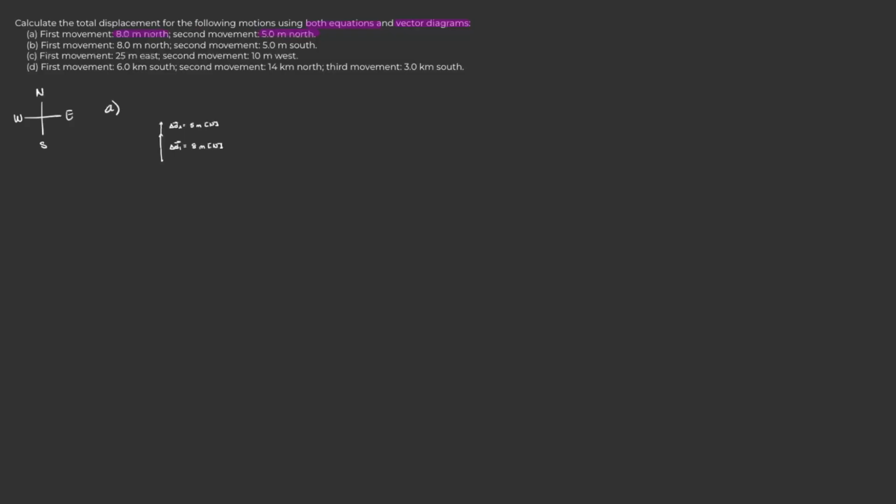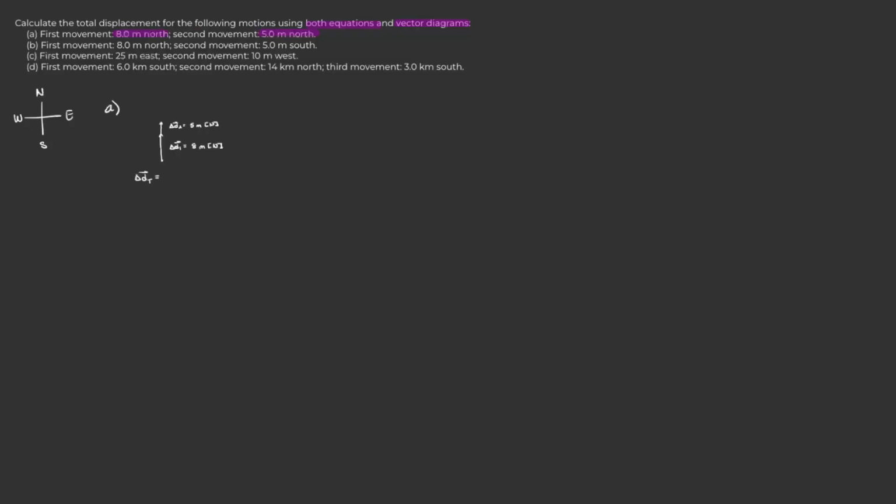So how do we get the total displacement then? Well, that'll be delta d T for our total displacement. And what we want to do is some vector addition. So we're essentially adding these together and seeing what our final displacement is. Okay.